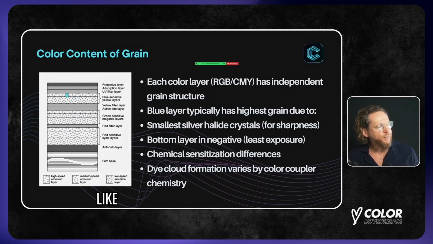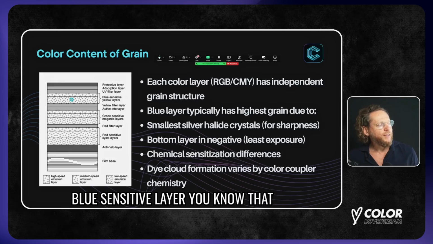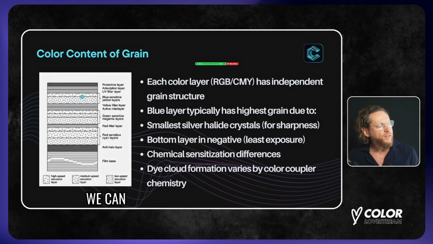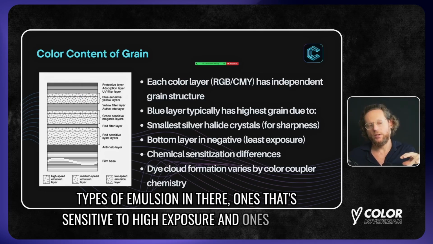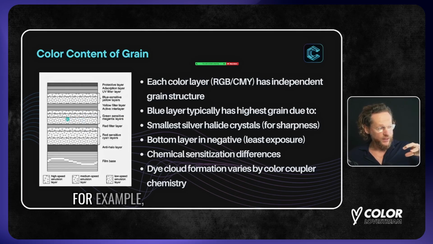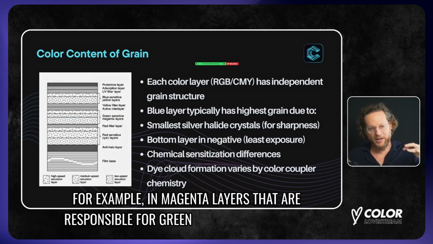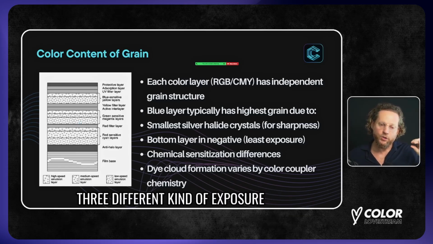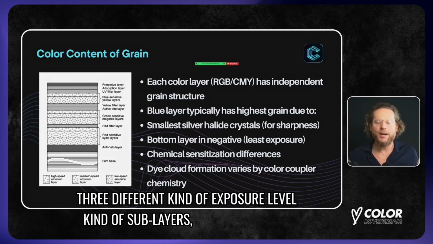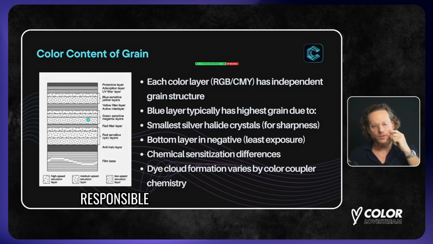On each light sensitive layer, for example this blue sensitive layer that captures yellow color, we can see that there are two types of emulsion: one that's sensitive to high exposure and one to low exposure. For example, in the magenta layers that are responsible for green color, we have even three different exposure level sub layers, right? These layers are responsible for different exposures.